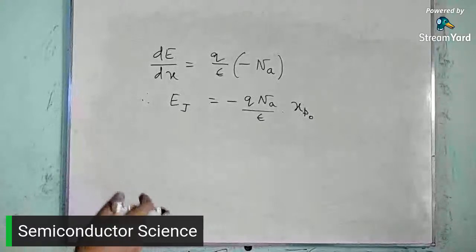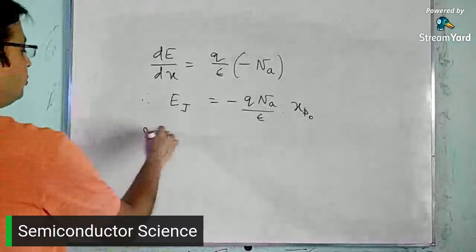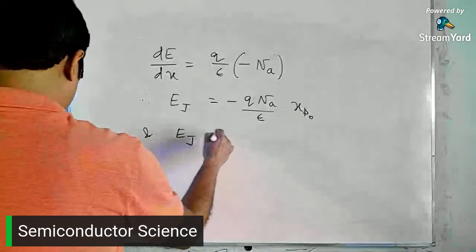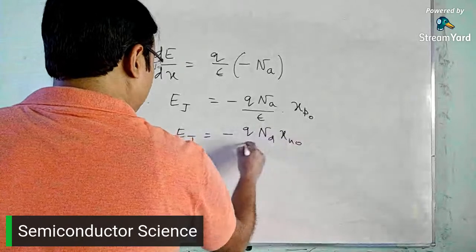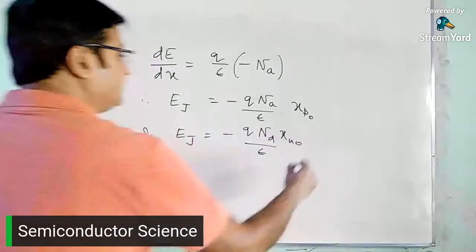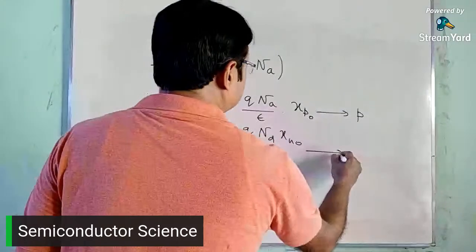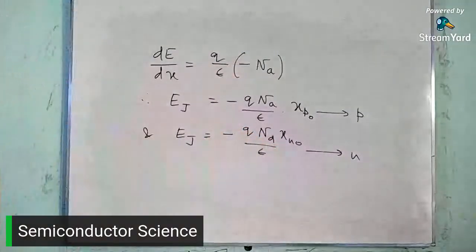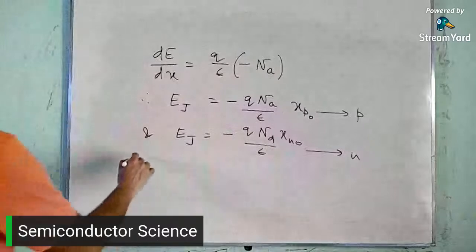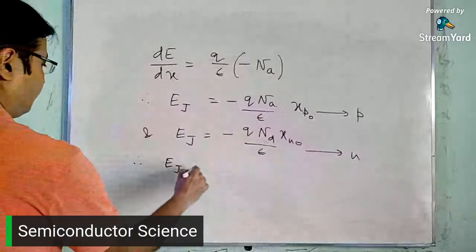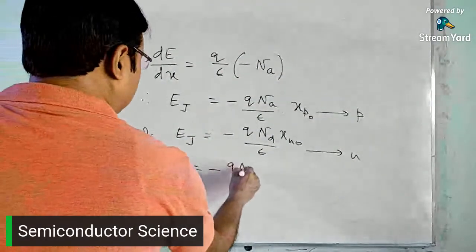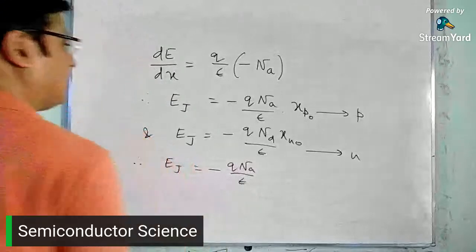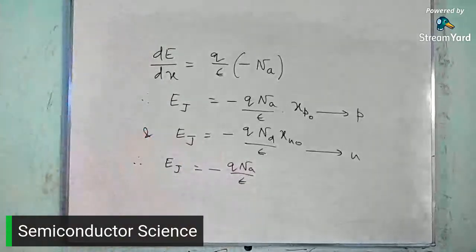And if I go on to calculate for the n-type region, the value will be Ej equal to minus Q Nd into xn0 by epsilon. So this is for the p-type side and this is for the n-type side. Therefore, Ej, the electric field in the junction, will be minus Q Na by epsilon. You can use either of the equations.